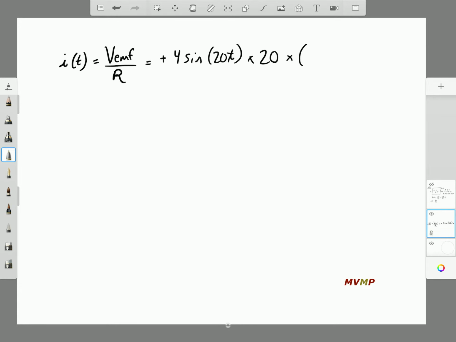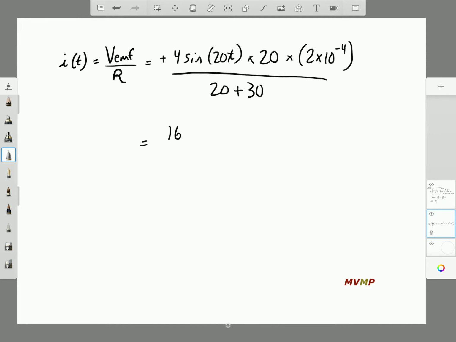We multiply that by the surface area, which is 2 times 10 to the negative 4, and divide all that by the total resistance.